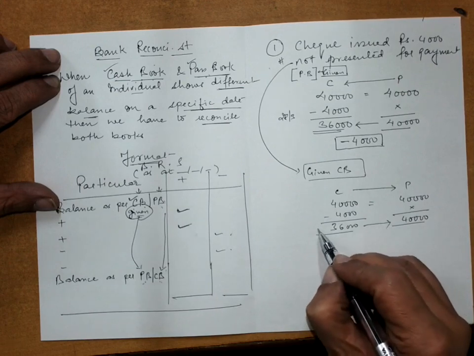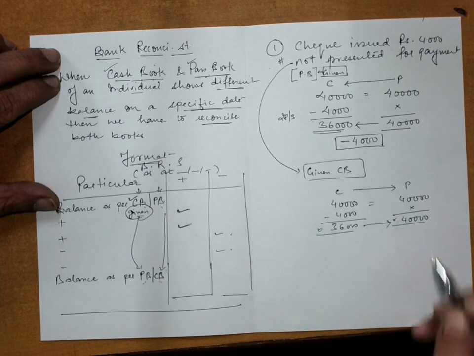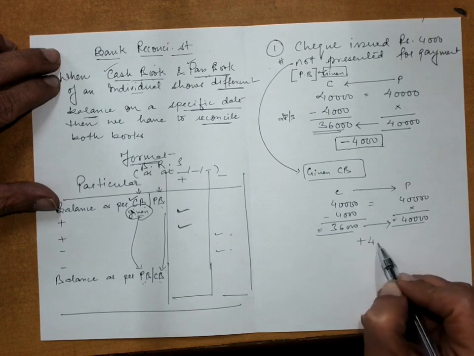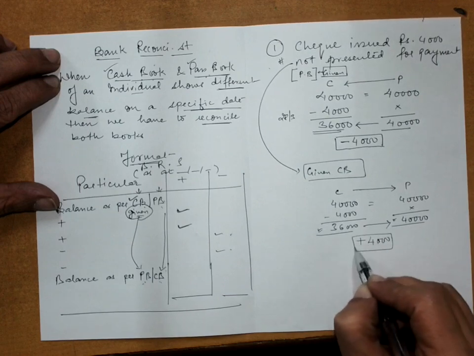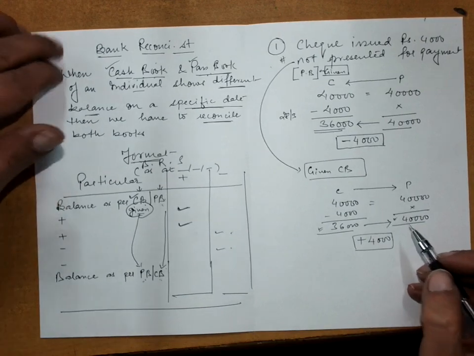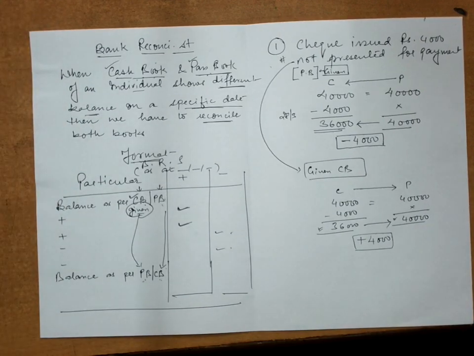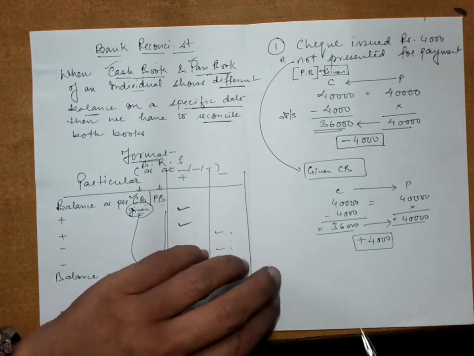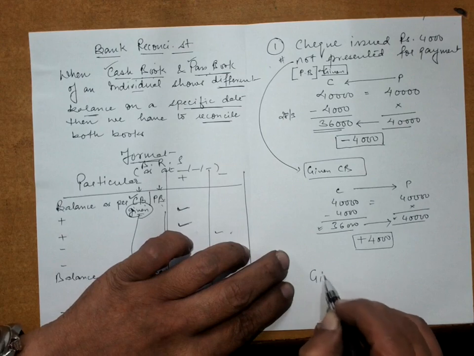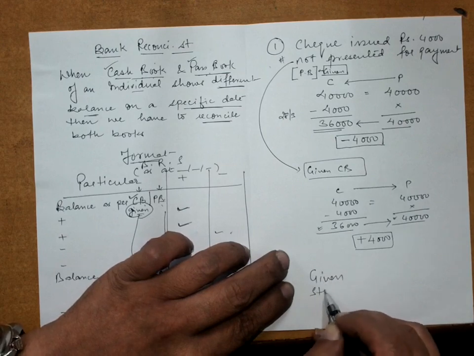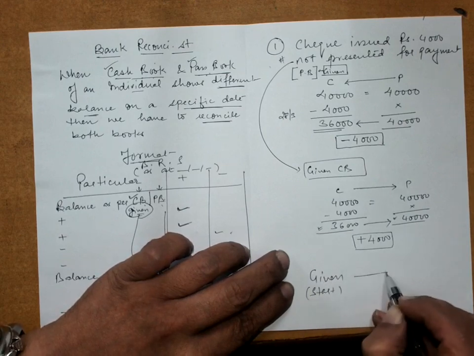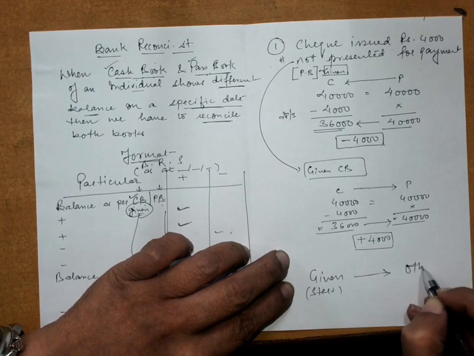Make 36,000 equal to 40,000. Now for the same transaction I have to add 4,000. So I just can't mug up that whenever a check is issued it is going to be subtracted or is always going to be added. It depends on the balance given in the question. It always depends on the balance given in the question. So always remember, you have to start with the given and reach to the other.